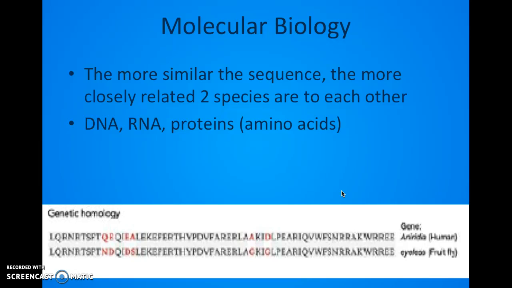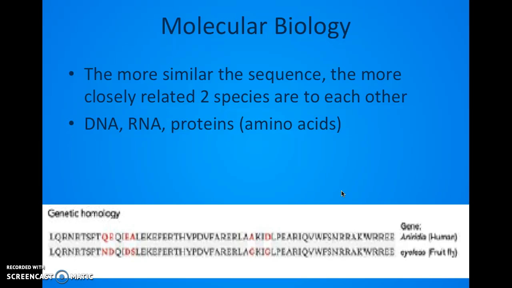And finally, the last portion here is molecular biology. This would be going back to chapter 10, looking at DNA, looking for similar sequences in the DNA of 2 closely related species to each other.